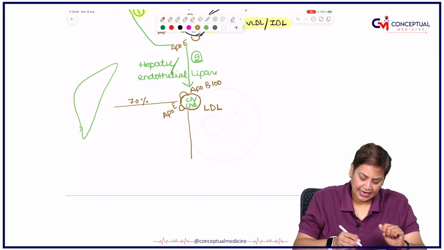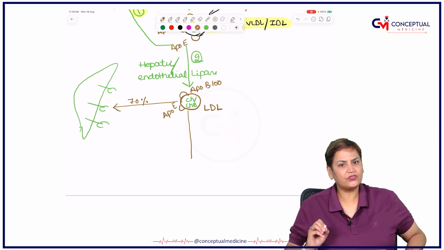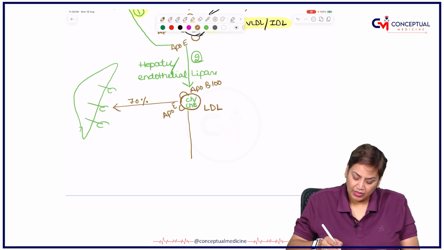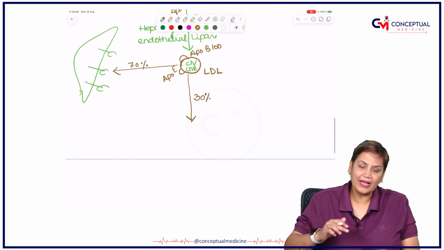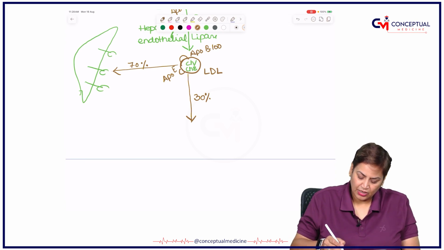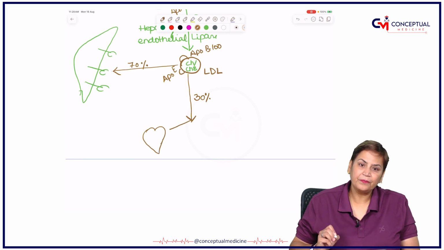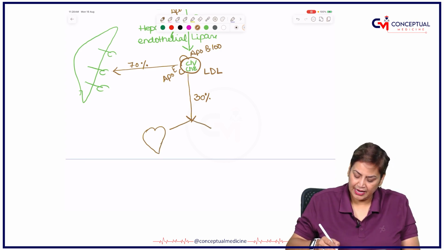So the liver has antenna-shaped molecules which are going to accept this cholesterol. What about the remaining 30%? This 30% will move to the extrahepatic tissues. So it would be in the heart and in the adipose tissue.